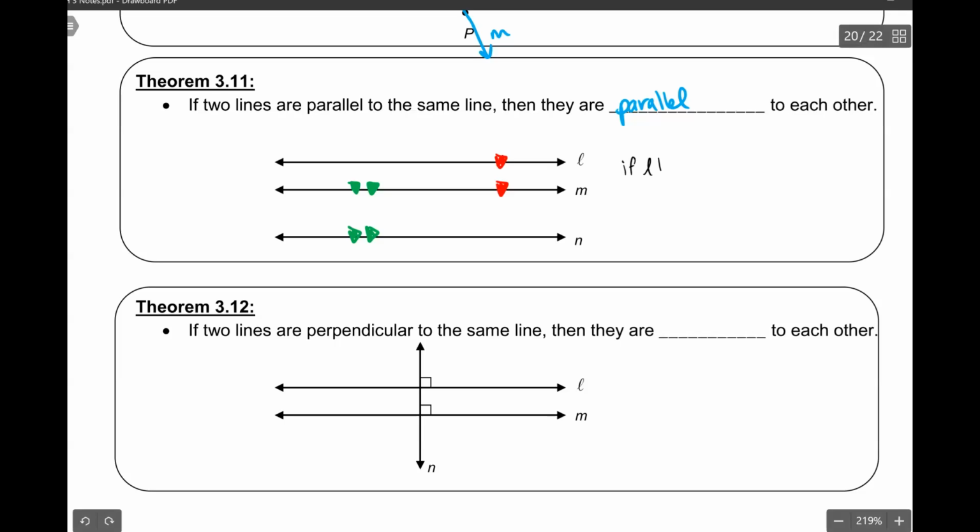If L is parallel to M and M is parallel to N, then L is parallel to N.